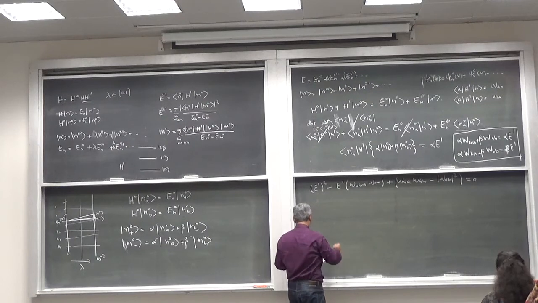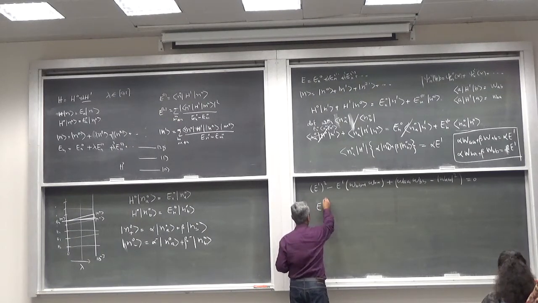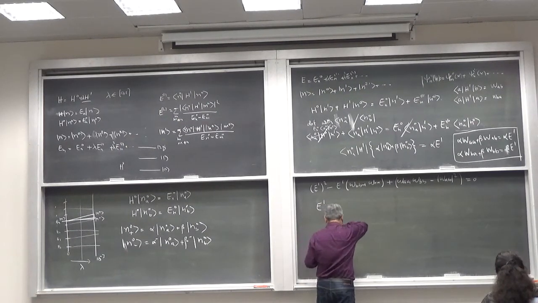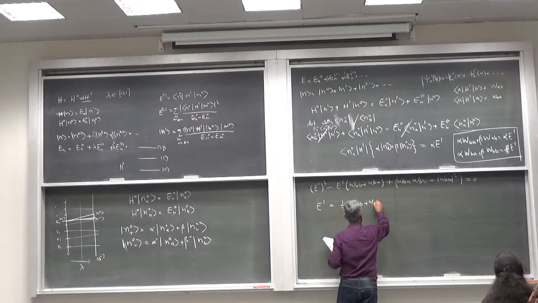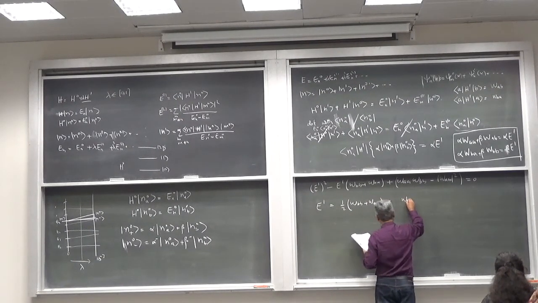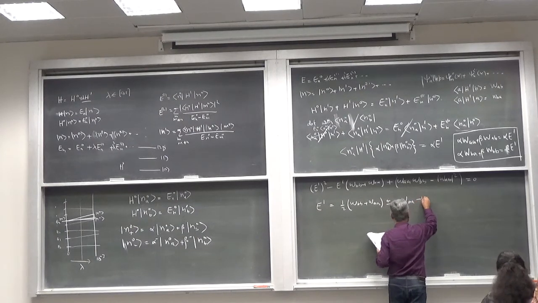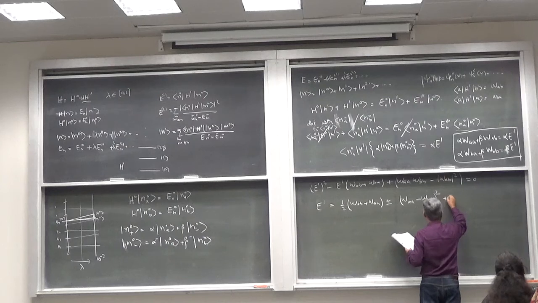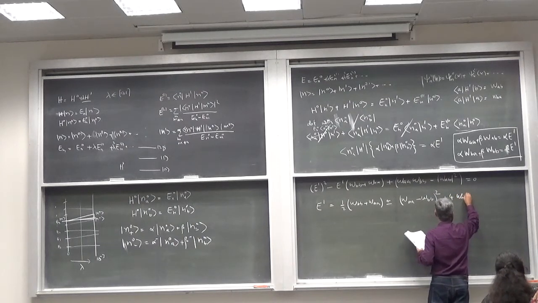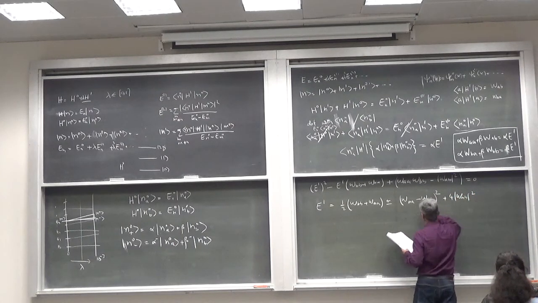And the solution is E1 is equal to 1/2 [omega BB plus omega AA plus minus the square root of (omega AA minus omega BB) squared plus 4 omega AB squared].